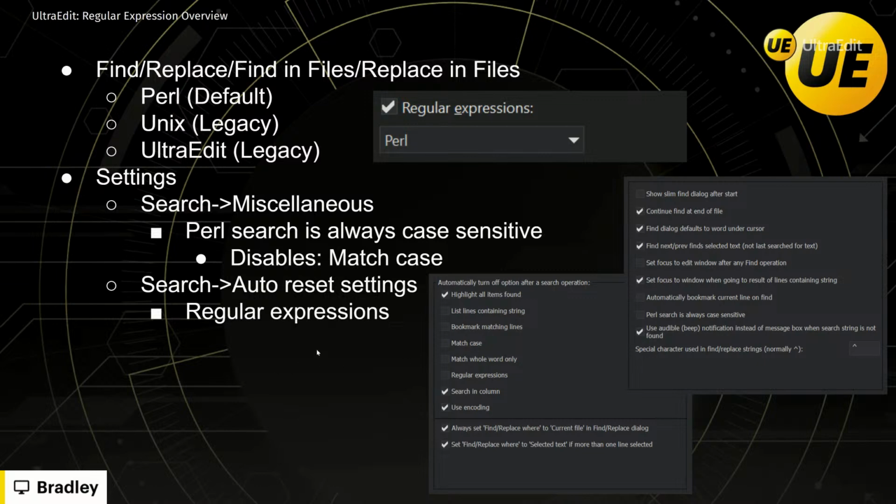If I'm doing a lot of find operations that don't involve regular expressions, and I do want to do a regular expression, that setting is convenient because you can do a one-off regular expression, then jump back into your normal workflow using regular search. So I just want to call out those settings for people who may not be familiar with those in UltraEdit settings.